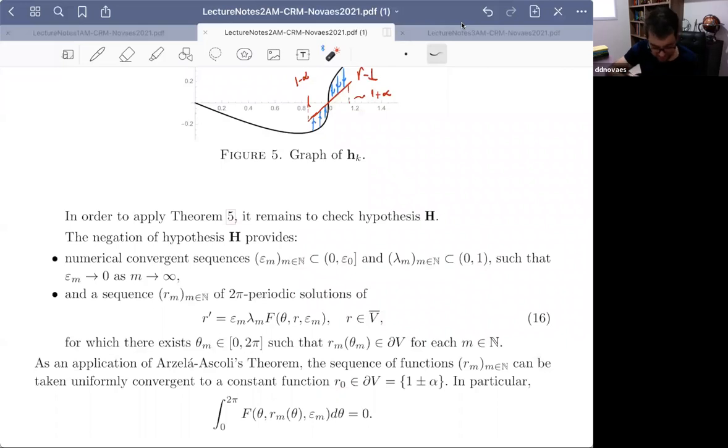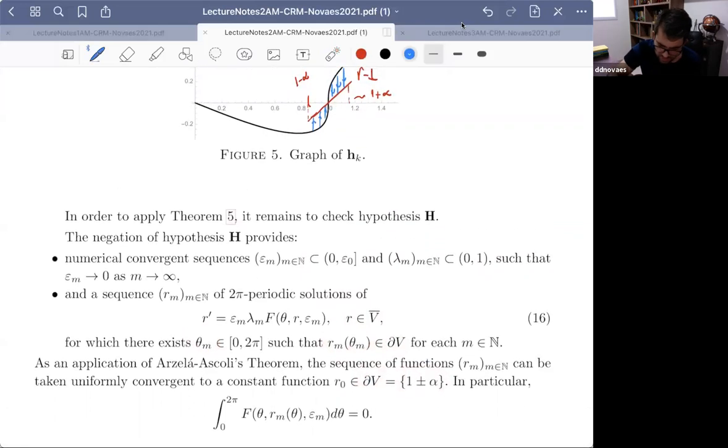And in addition, since for each m we have an instant such that R_m of this instant belongs to the boundary of V, the constant limit of this function is a point at the boundary of V. In this case, the boundary of V is just 2 points, 1 plus minus alpha.